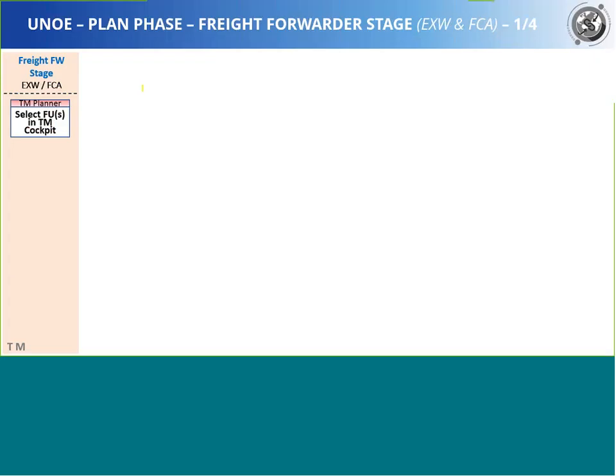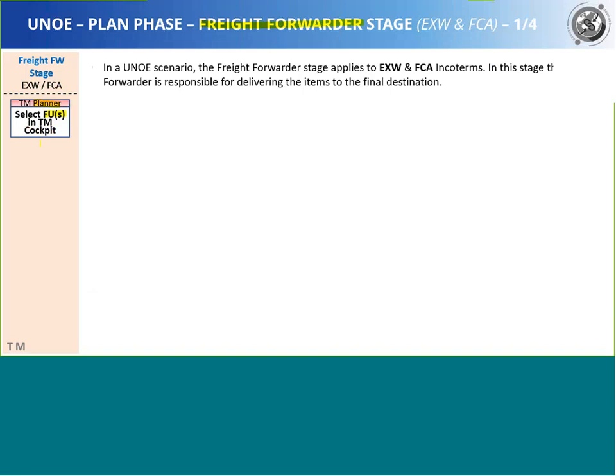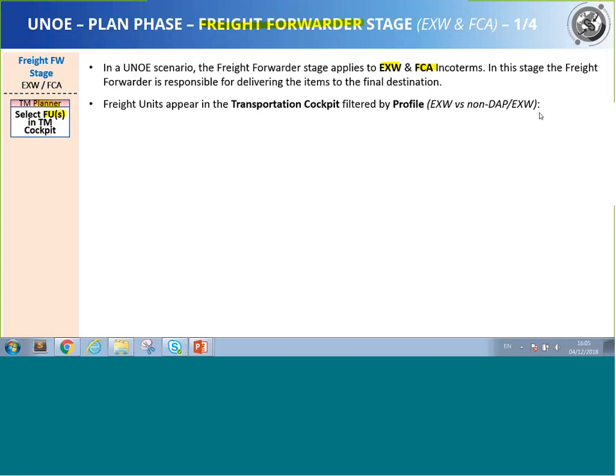Okay, so let's talk a little bit more in depth about this freight forwarder stage. For the freight forwarder stage, the planning is initiated by the planner by selecting the different freight units in the transportation cockpit. So it applies to EXW or FCA or other related Incoterms, okay, in which the UN is responsible for the transportation.